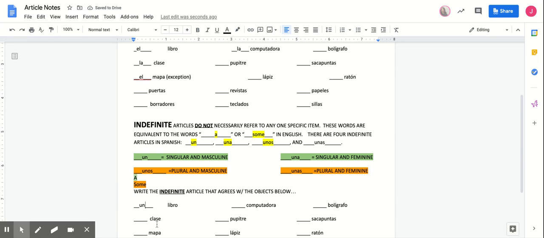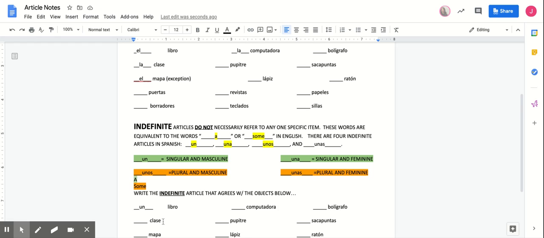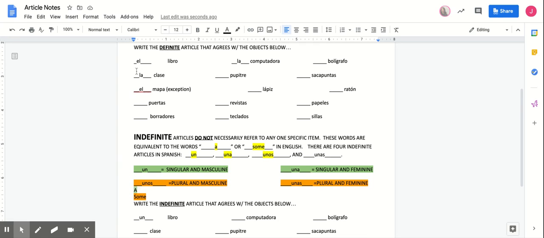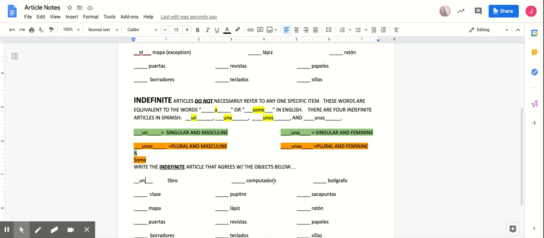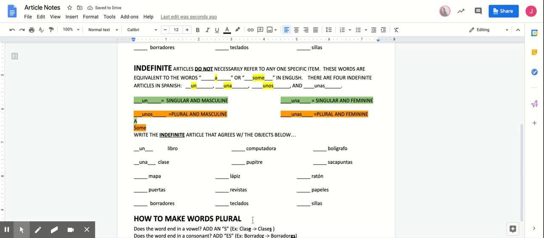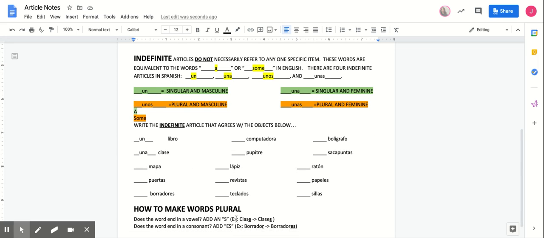Now, with clase, I've already done the work. I already know because of up here, I know clase is going to be singular and it's going to be feminine. So I'm going to take that and apply that to down here. Singular and feminine one is going to be una. So I'm going to type una here. Go ahead and do the rest of the practices down here.